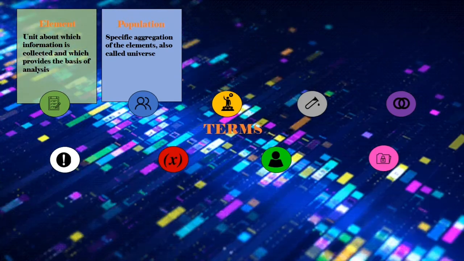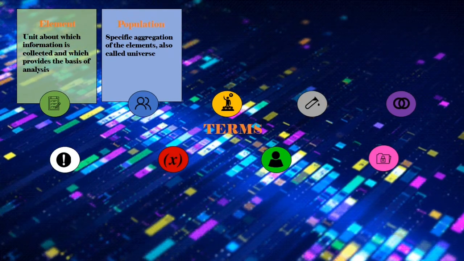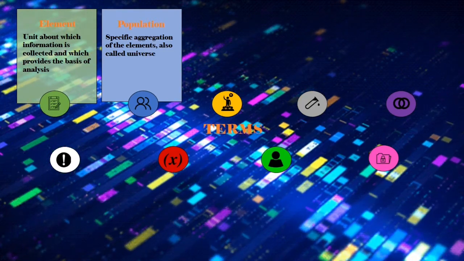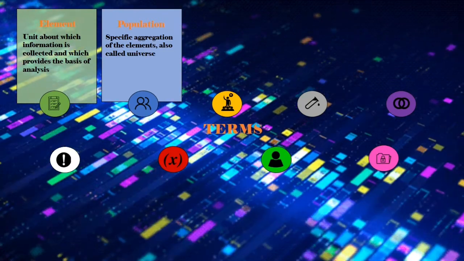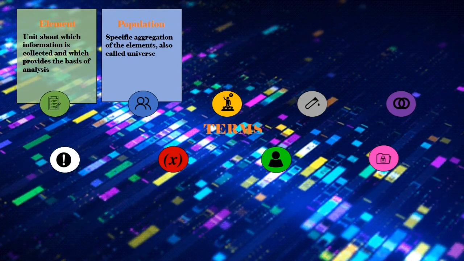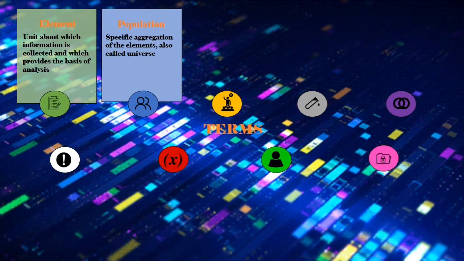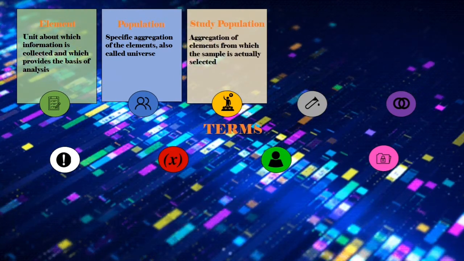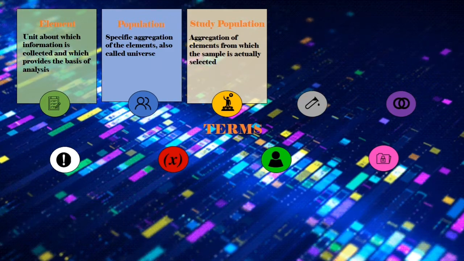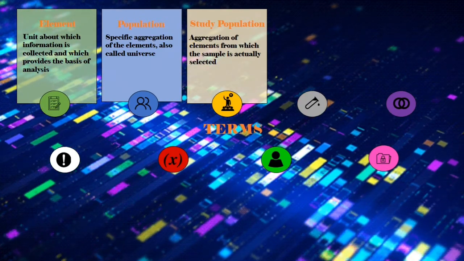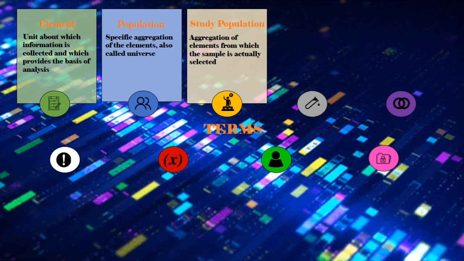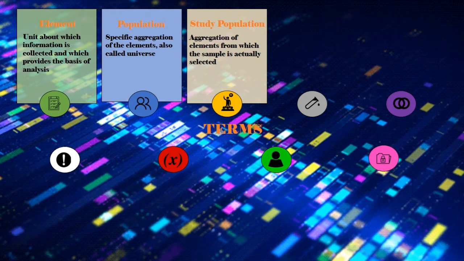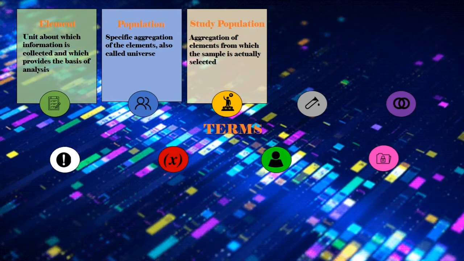So, as you write your Chapter 3, the methodology part of your paper, you're going to include these terms as I was mentioning to you. The next is study population. It is the aggregation of elements from which the sample is actually selected. So the study population will be the source of your sample in your research.